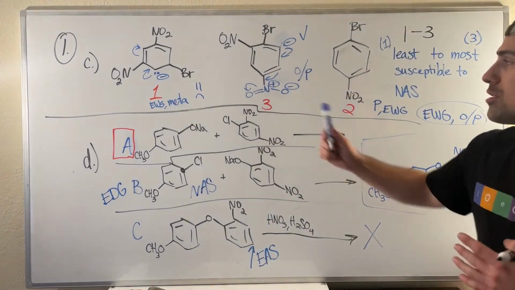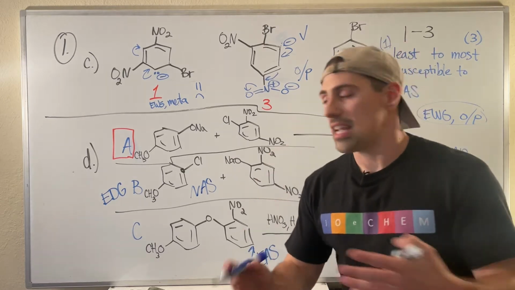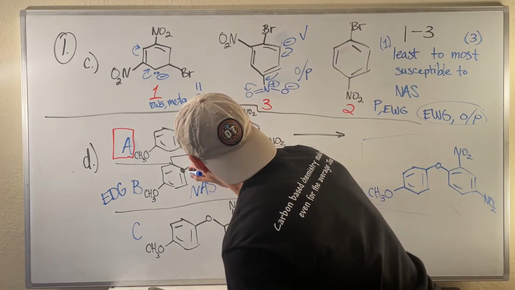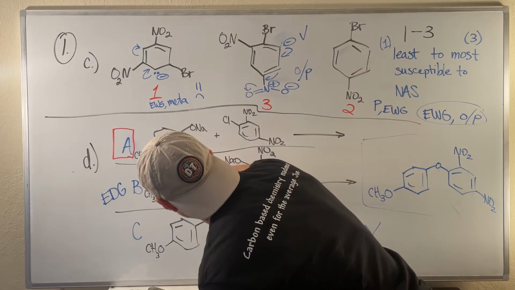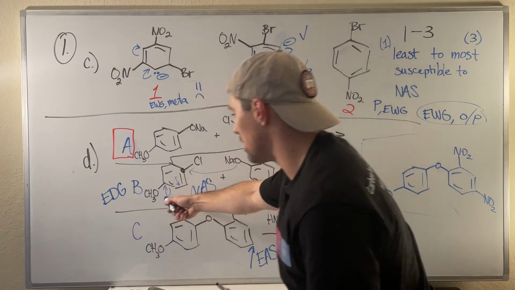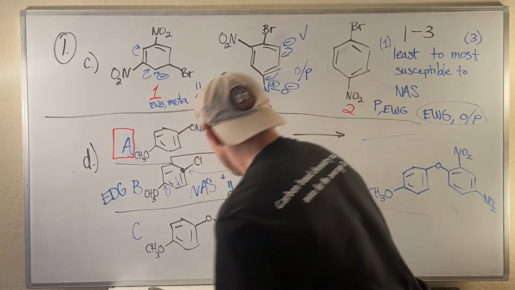Like we just saw up here, we love EWGs because through resonance, we get great stabilization. What we'll end up getting when we attack here is resonance like this, and we'll put a negative charge next door to an oxygen that is already partially negative. That's not a great situation.